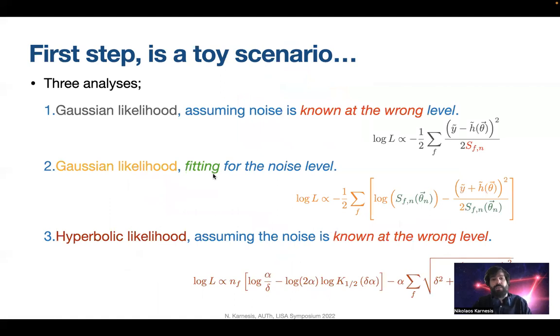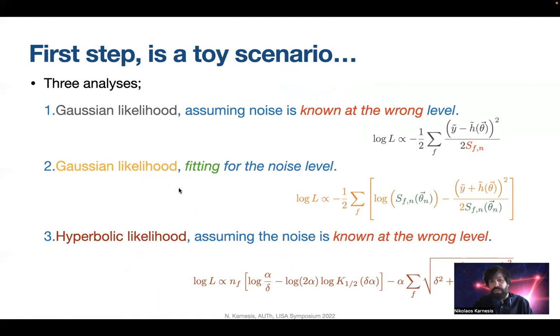So that's why I have chosen 3 types of analysis in order to test this idea. First, I have assumed the Gaussian likelihood where the noise is assumed known and at the wrong level, written here. Then with yellow, I keep the colors because I'm using them in the kernel plots later.